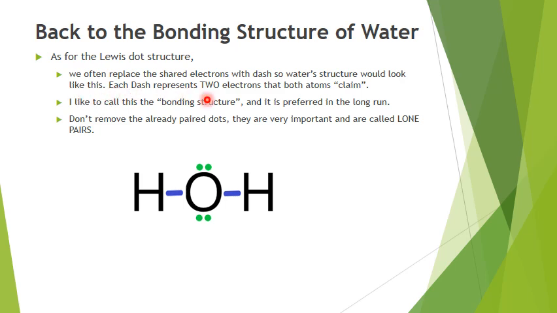Now what I like to do is replace the shared electrons with a dash. That way it looks like a bond, and I call that a bonding structure. And like I said, I prefer this in the long run. Don't leave out the extra dots that are not bonds, because they are really important and they're called lone pairs. So what we want to be able to do is draw the bonding structure of a molecule.